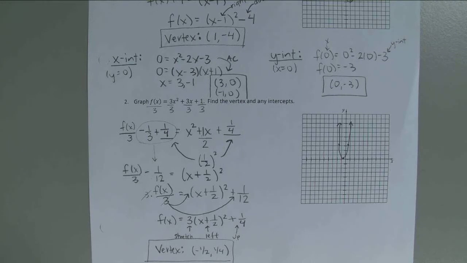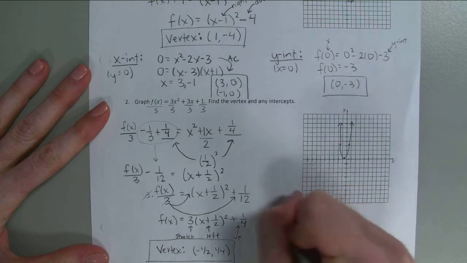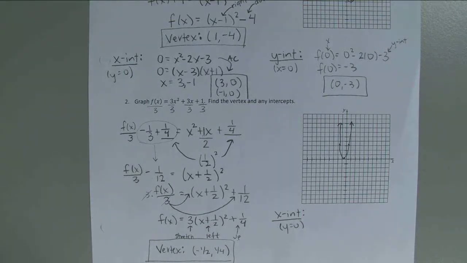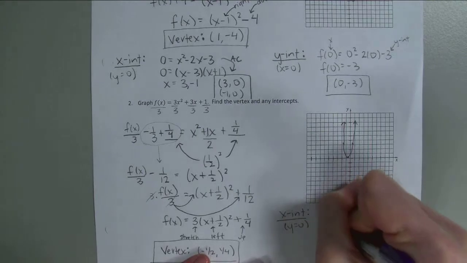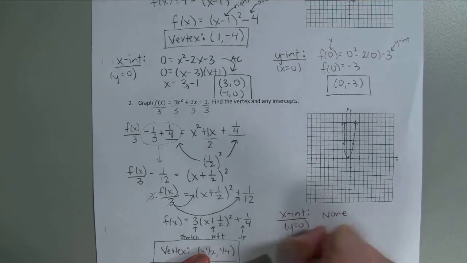And even if they don't let you graph first, which I think they should, think about your graph and what it's going to look like for the x-intercepts. Well, the x-intercepts are when y equals 0, but looking at your graph, it's hard to tell. But we're actually sitting above the line y equals 0, so do we ever cross the x-axis? No, so that would just be none, and that's an option, okay? So you'll click none.